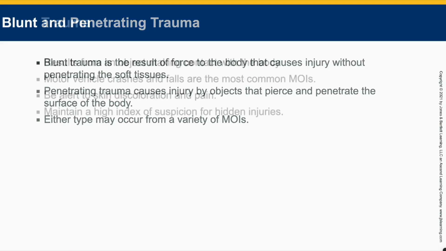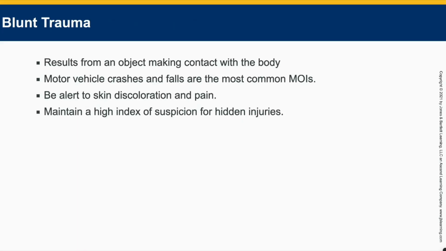Let's take a closer look at blunt trauma, because this is what you're going to see often. Blunt trauma results from an object making contact with the body. So again, things like motor vehicle crashes and falls are the most common mechanisms here.